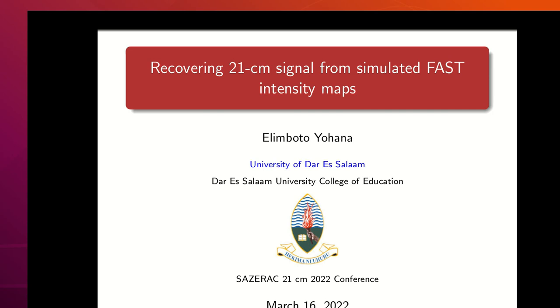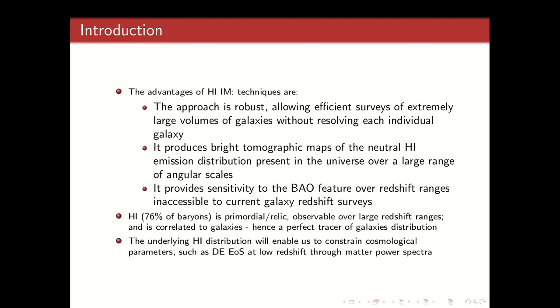FAST is a shorthand for the Five-hundred-meter Aperture Spherical radio Telescope, which is the largest single-dish radio telescope in the world and possibly the most sensitive single dish within its frequency band. In our study with FAST, we have prioritized the use of HI intensity mapping for a number of reasons, as you can see on this slide.